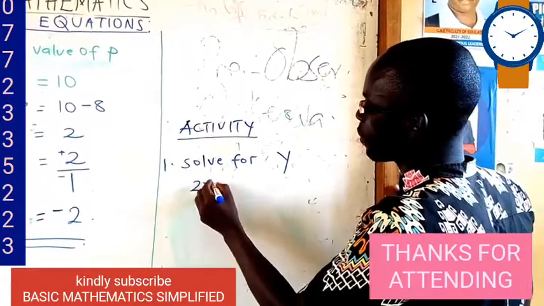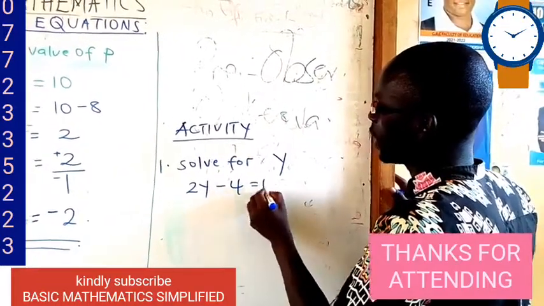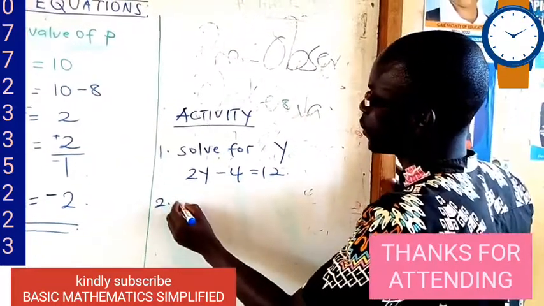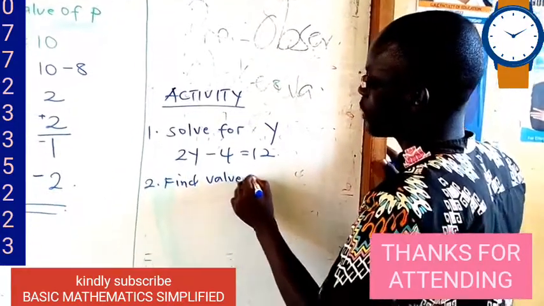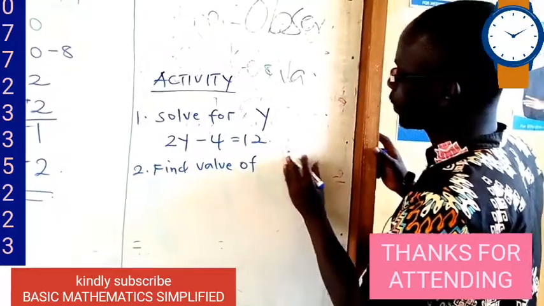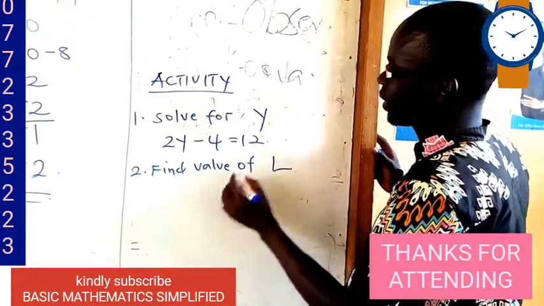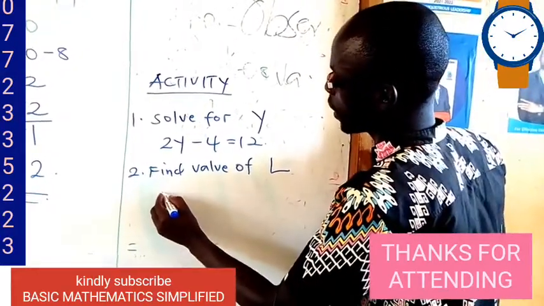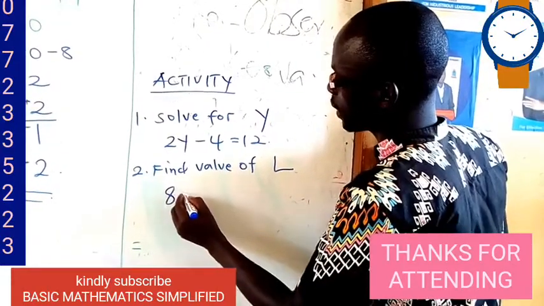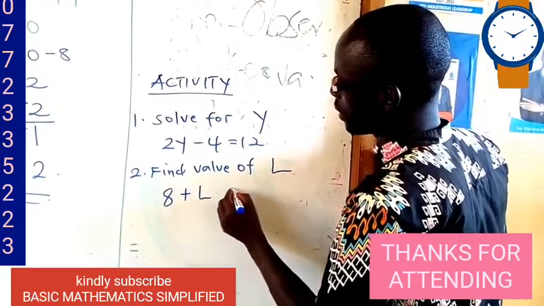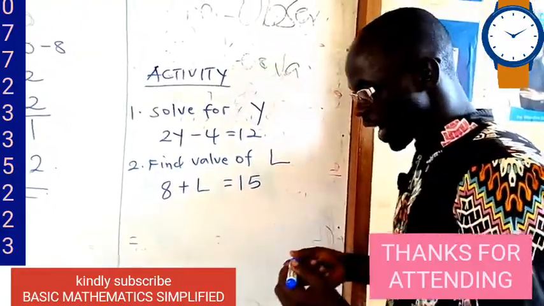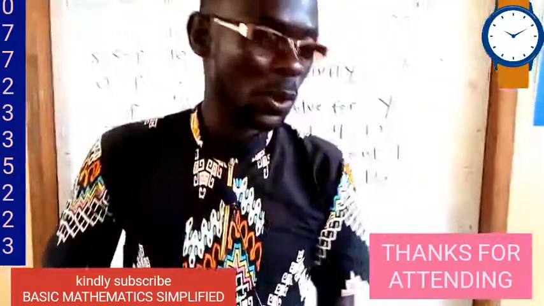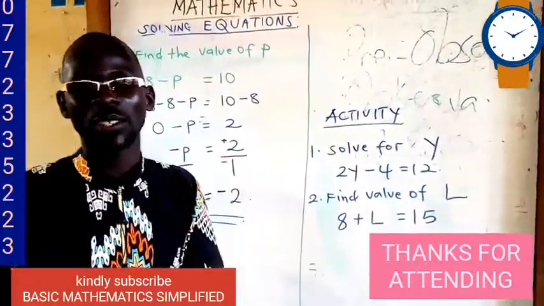So we have 2y minus 4 equals 12. Then number 2, find the value of L. So here we have 8 plus L equals 15. This is very simple, and I expect at least everyone to be able to handle that without any problem.